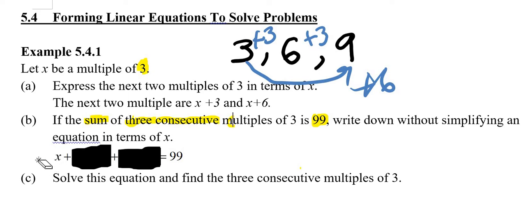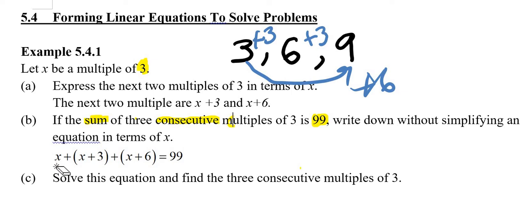The next part is, what is the second multiple of 3? Actually, the next two multiples we have also answered in A, so you just have to fill this in. Okay, these are the next two. So over here, you have the sum of the 3 consecutive multiples, and they give you 99. So this is the equation that is required of you.